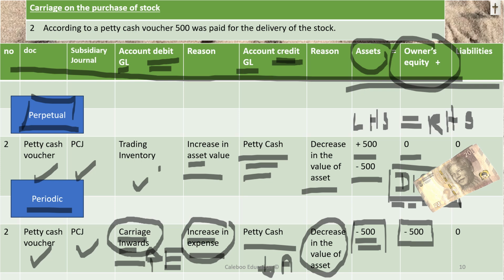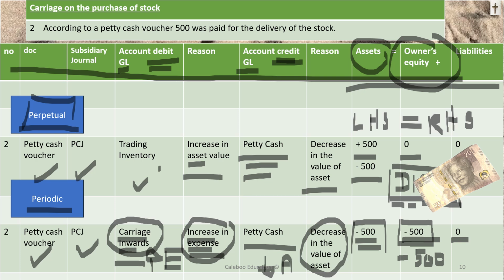An increase in expense results in a decrease in what the owner is worth. So here it is minus 500. It is typed in there. And nothing happened under liabilities.